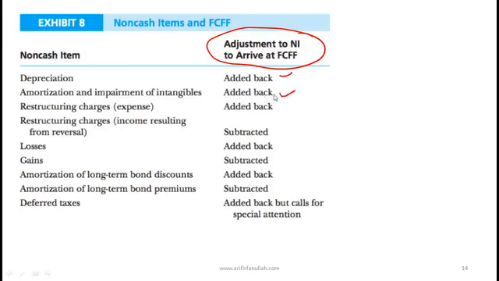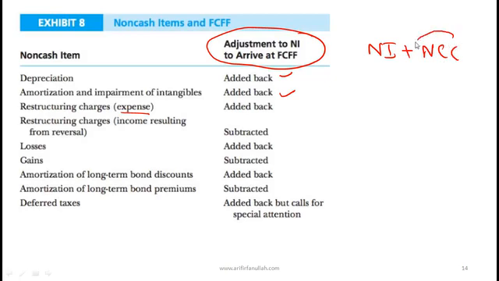Amortization is like depreciation. Restructuring charges, which are expenses, are added back. Restructuring charges which involve some income or reversals are subtracted, and all the rest are just obvious. When you are looking at non-cash items, the point is that in our equation we simply see net income plus non-cash charges.